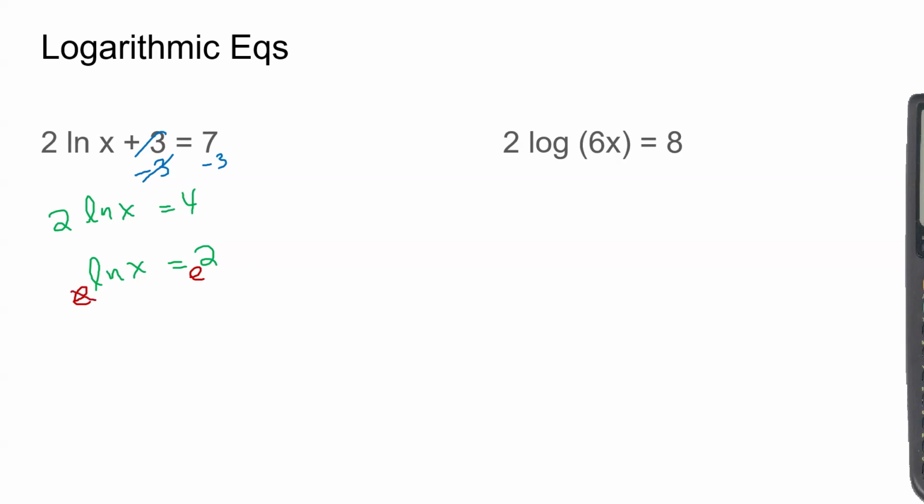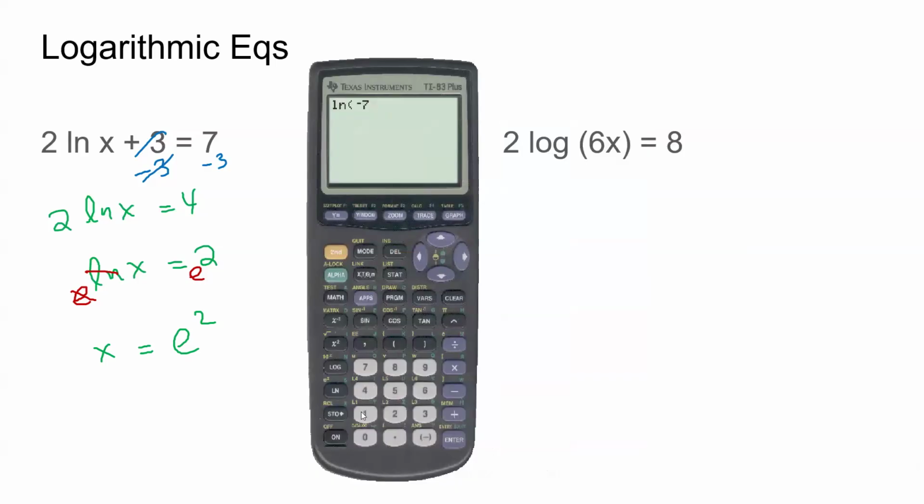Nice thing about doing that, e and natural log are going to cancel, and I'll just have x equals e squared, and my calculator knows the value of that without even blinking. Right there's my e to some power, and I need e raised to the second power, 7.389. Okay, decimal approximation there.